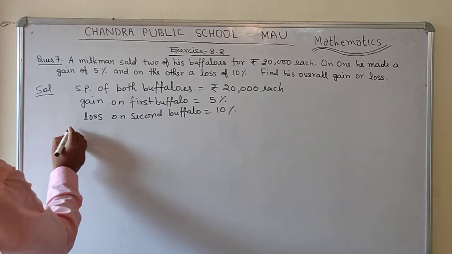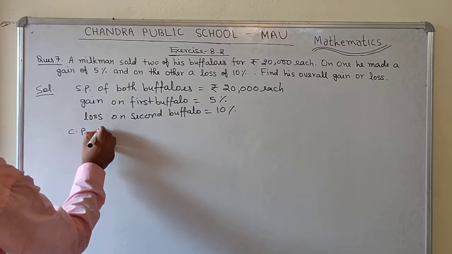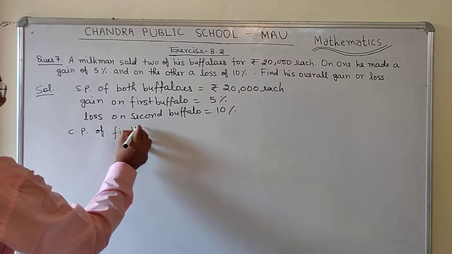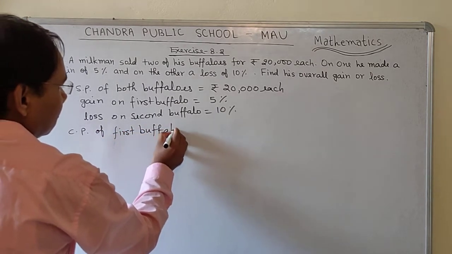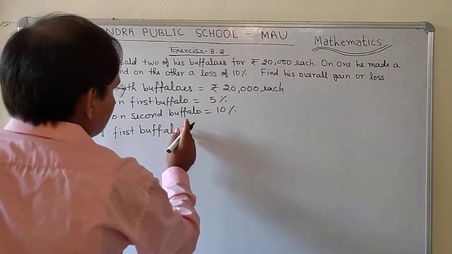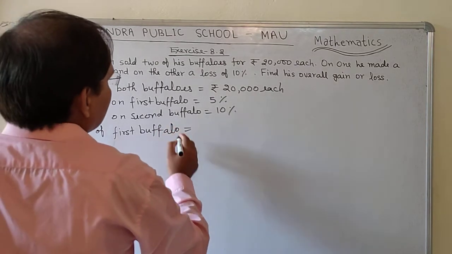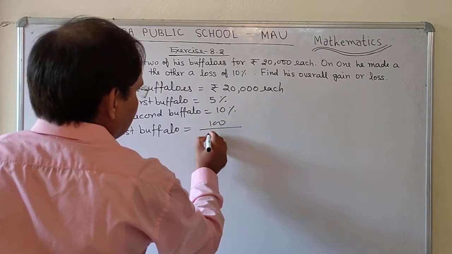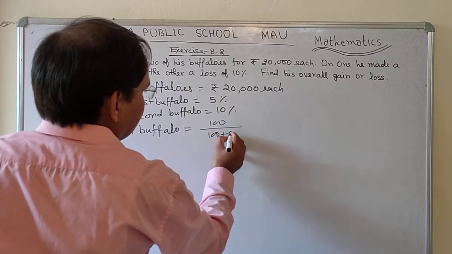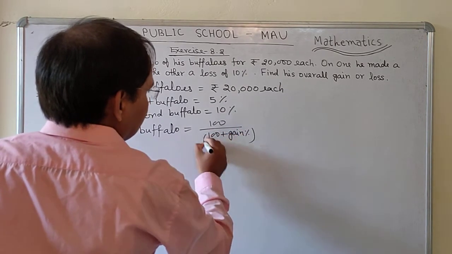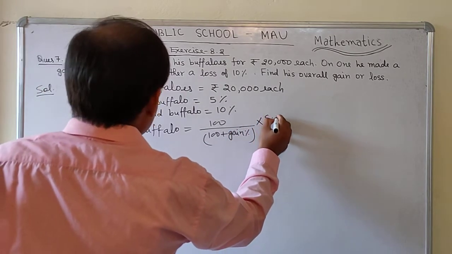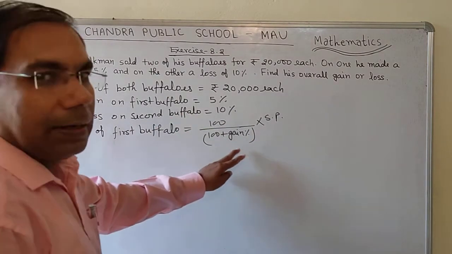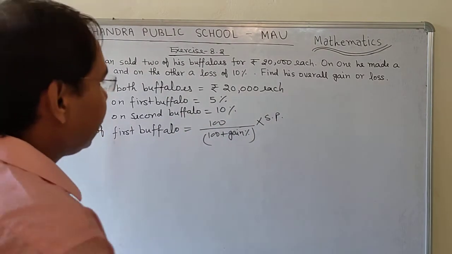So here you will write CP of first buffalo equal to 100 upon 100 plus gain percent into selling price. That is the formula to get the CP.